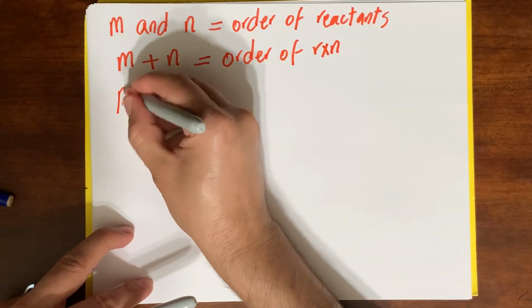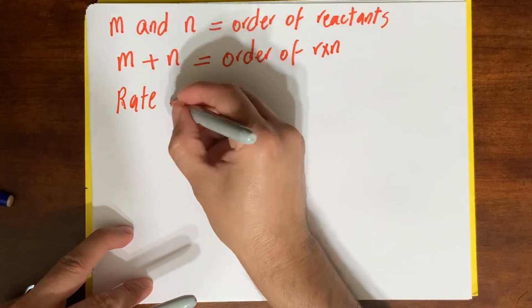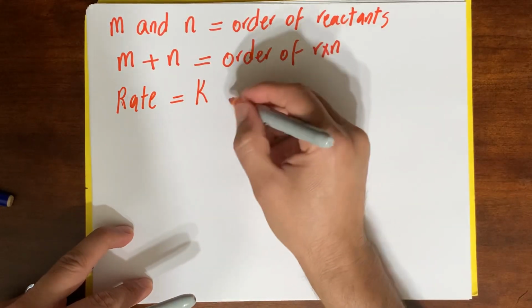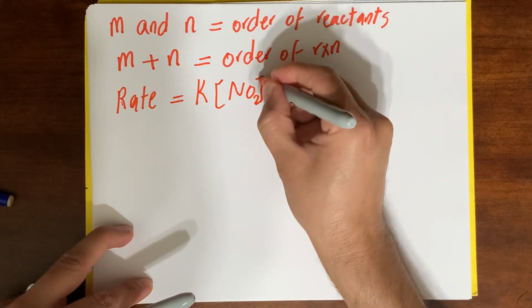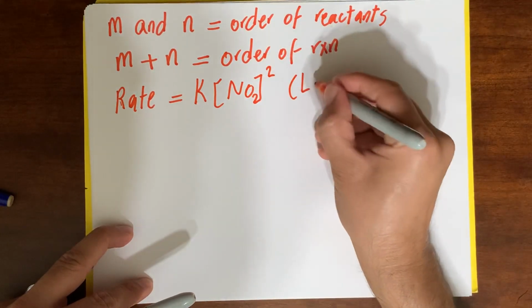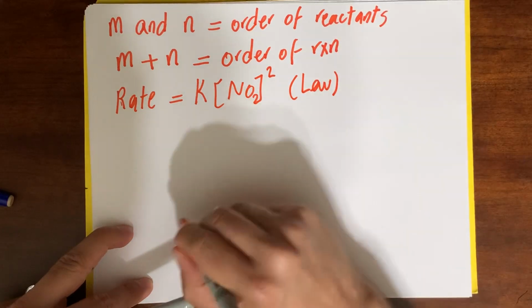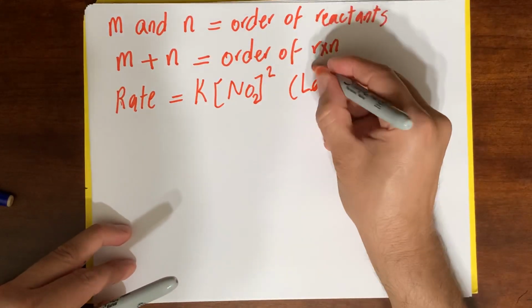So for the example that we came with, we said rate equal to K multiply NO2 to the second. This is the rate law that we had.